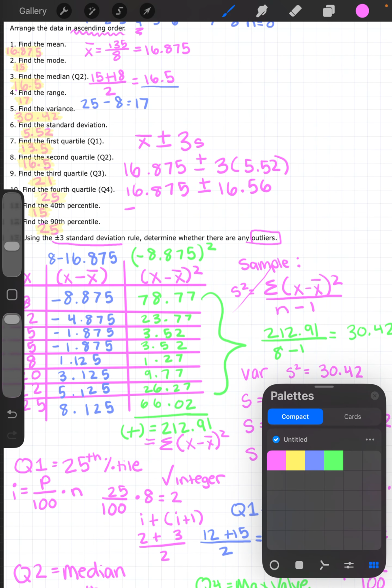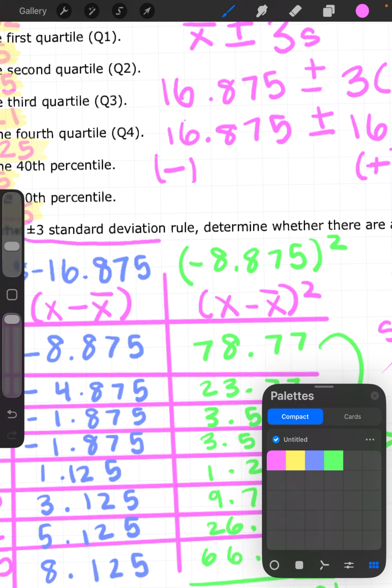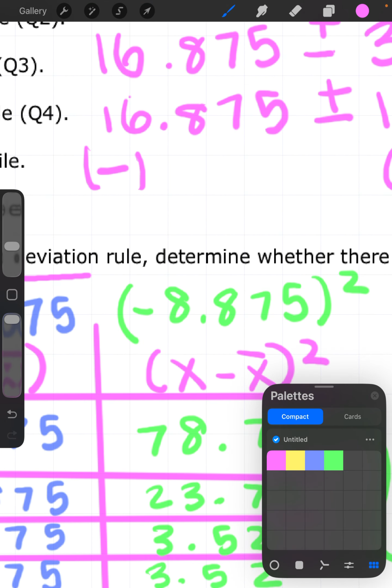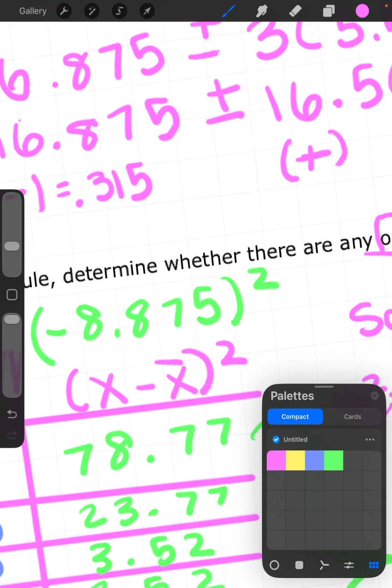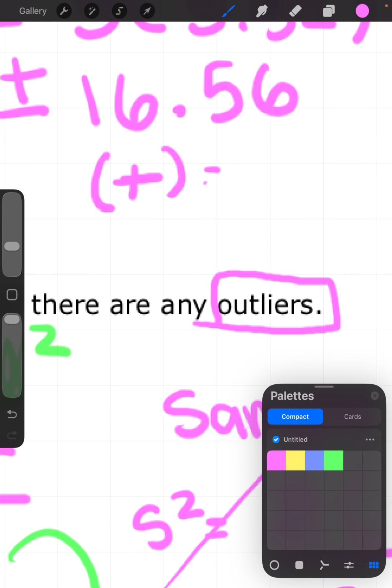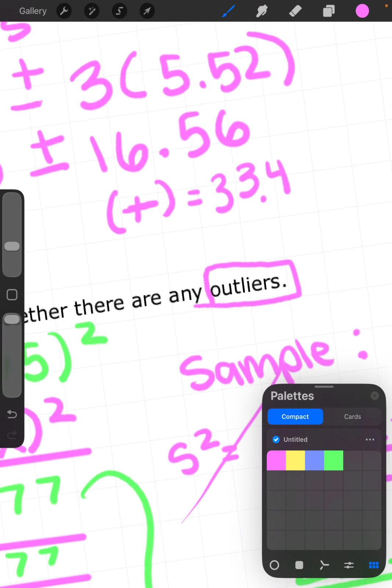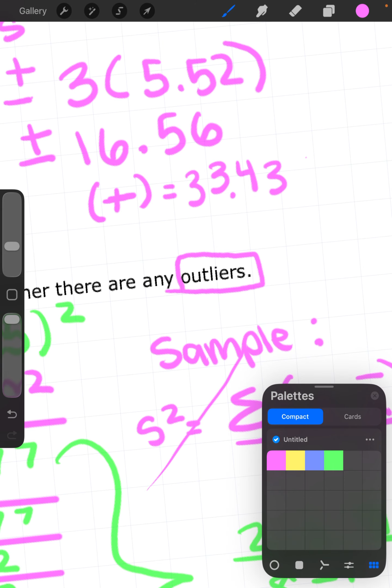So minus is equal to 0.315, and plus is equal to 33.435.